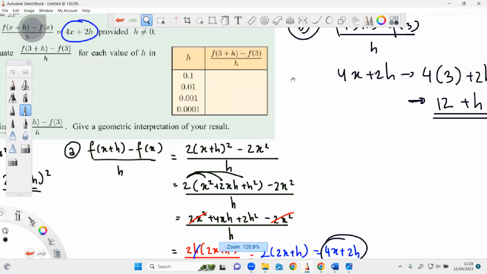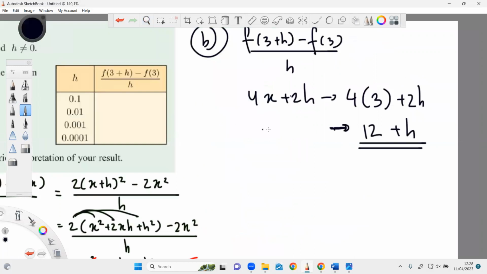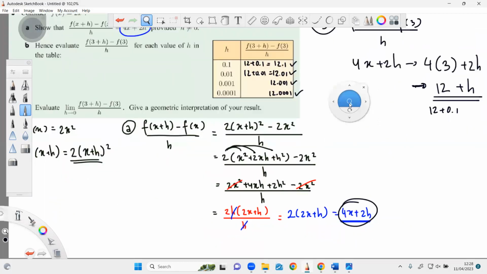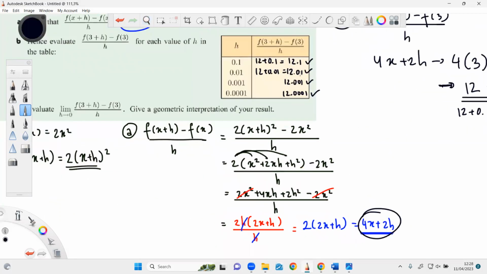And complete the table. If h equals 0.1, you can just write 12 plus 0.1. This is 12 plus 0.01. This is 12.001, and so on. Done. And evaluate if h is near to 0.